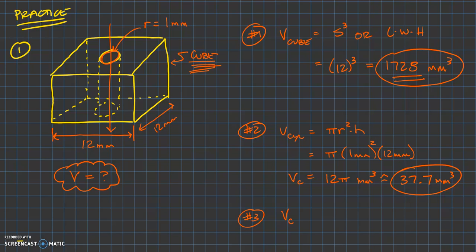I'm going to start with the volume of the cube, but I have to subtract the volume of the cylinder to get the total composite volume. So the volume of the cube is 1728 cubic millimeters. I'm going to subtract the volume of the cylinder, 37.7 cubic millimeters, and my answer will be 1,690.3 cubic millimeters. That is the total composite volume.